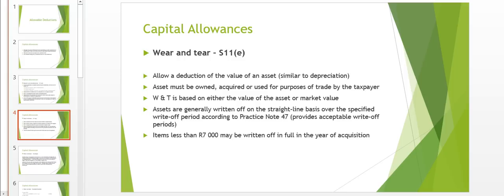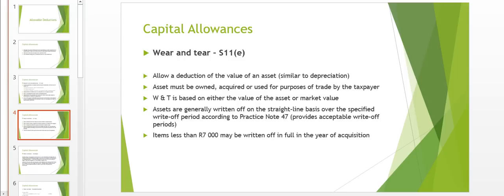it allows the deduction of the value of an asset, which we have discussed. It's very similar to depreciation. But very importantly, this asset has to be owned, acquired, or used for the purposes of trade by the taxpayer. Again, it can't be for personal use.